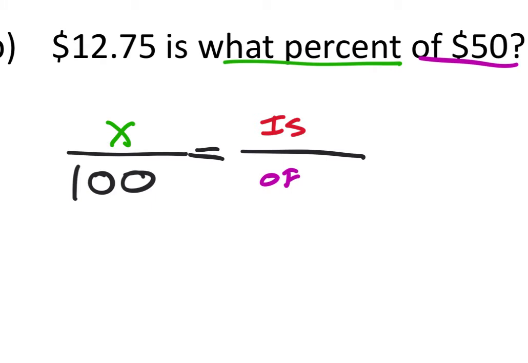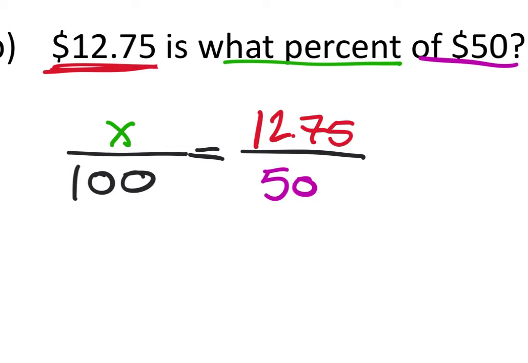Of 50 would mean that it goes in the denominator here. So there's a 50 right here. Now, it doesn't say is 12.75, but you see how it's kind of associated with the word is right there? You don't really have to think about it that way, but just by the process of elimination, we should know then that the 12.75, because it is not a percent, has to be the numerator part of the second fraction there. So that'd be 12.75. You can label those if you'd like, but the labels are going to cancel out as phantom ones anyways.